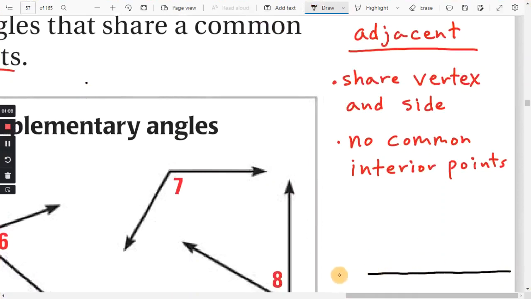I could just do it with a straight angle here. This would be the common vertex right here, and this would be the common side. So this angle right here is adjacent to that angle right there. It has to share the vertex and the side.